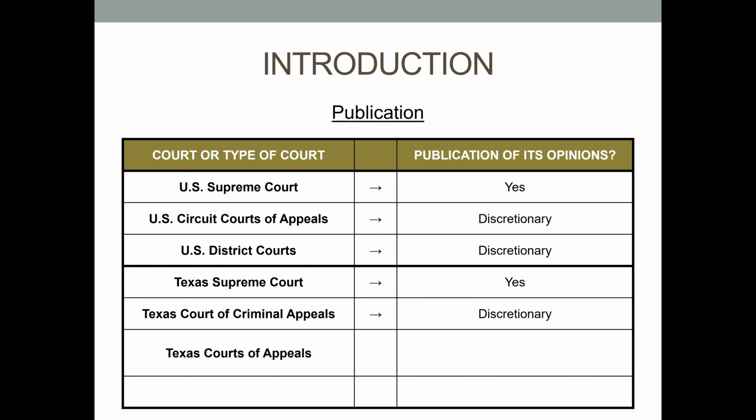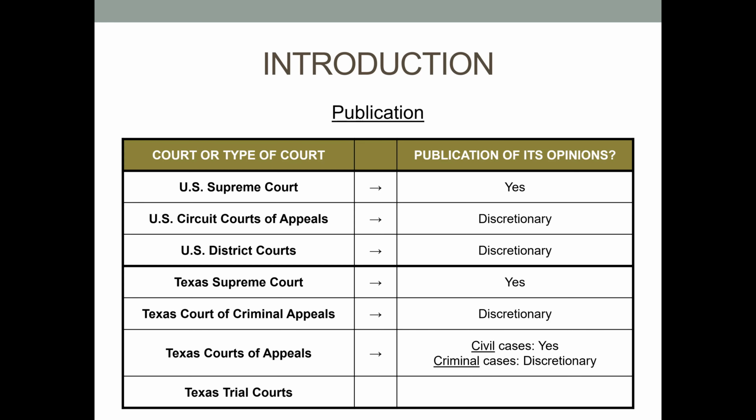Now we have 14 intermediate courts of appeals in Texas. And whether those courts have discretion to designate an opinion to be published or not to be published depends on whether the case in question is a civil case or a criminal case. If it's a civil case, then the opinion will be published. If it's a criminal case, however, the court has discretion to designate the opinion do not publish.